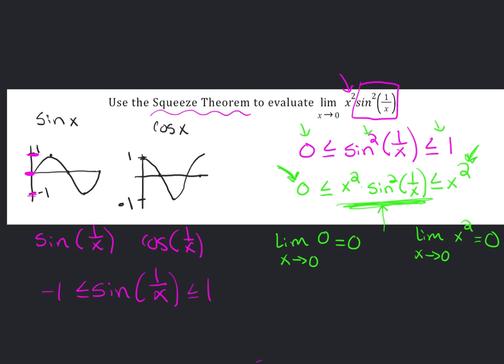So this function, if it's in between these two where the limits as x approaches 0 are both 0, then that means this one, the limit as x approaches 0 of x squared times sine squared of 1 over x, is also 0.